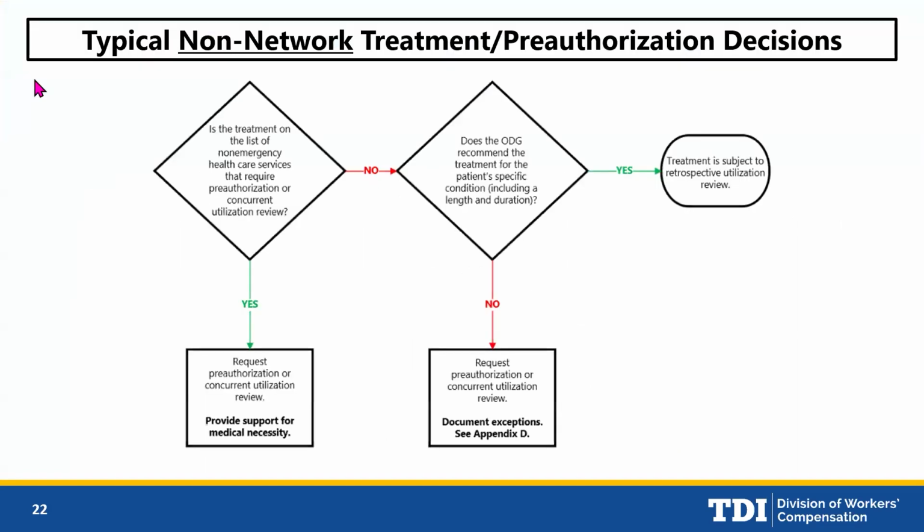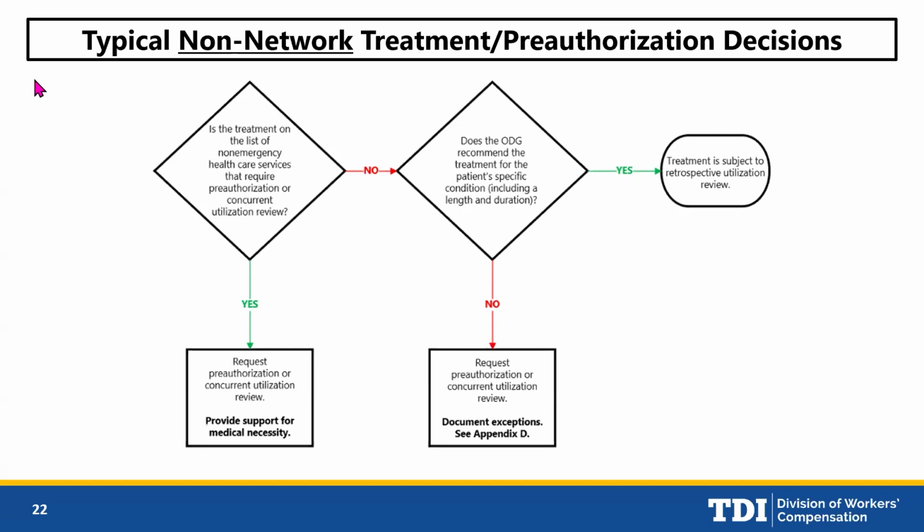Here's a decision tree for your staff in the pre-auth department. These are typical non-network treatment and pre-auth decisions. However, you could probably use this for network decisions and just insert their treatment guideline for that network. But the first question is: is the treatment you're providing or the drug on the list P1 through 12? If it's yes, then you need to request pre-authorization.